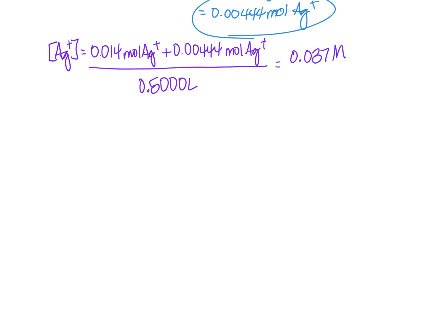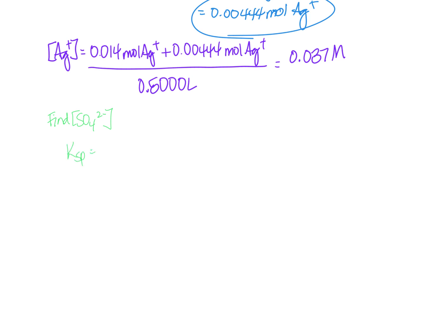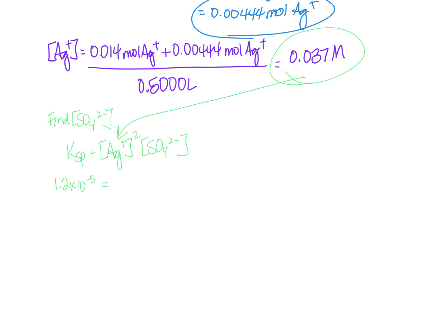Okay, so to find the SO4 2 minus concentration, we are going to think about that Ksp again. So Ksp is the concentration of the Ag plus squared times the concentration of the SO4 2 minus. We know our Ksp, that does not change. So that is 1.2 times 10 to the minus 5. We know our Ag plus concentration because we just found it.